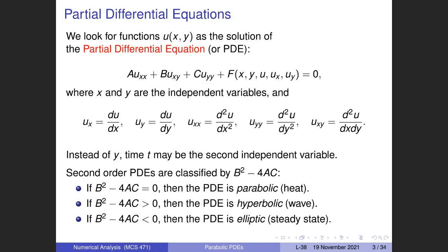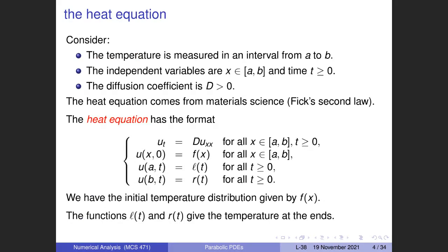All right, what is now the heat equation? So here is the general form of the heat equation. So what do we have? We have two variables, x and t, so space and time.